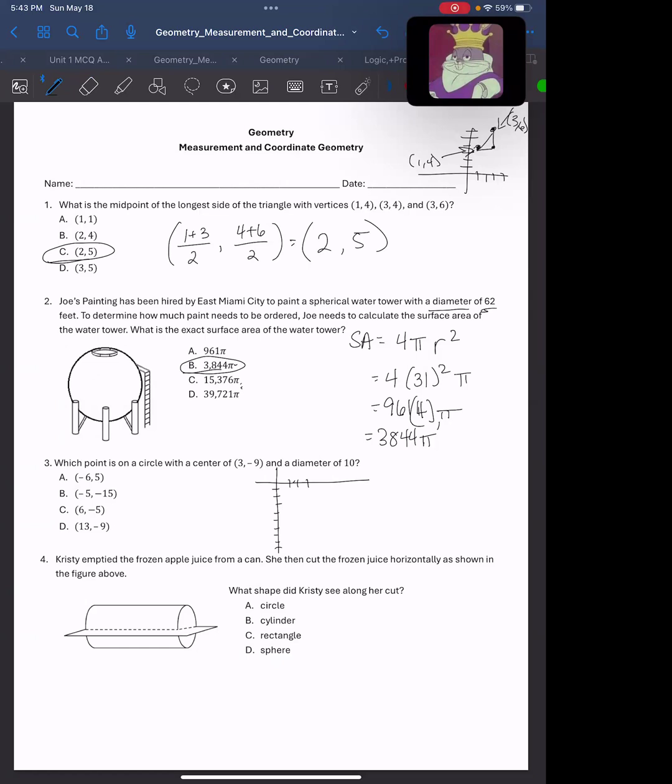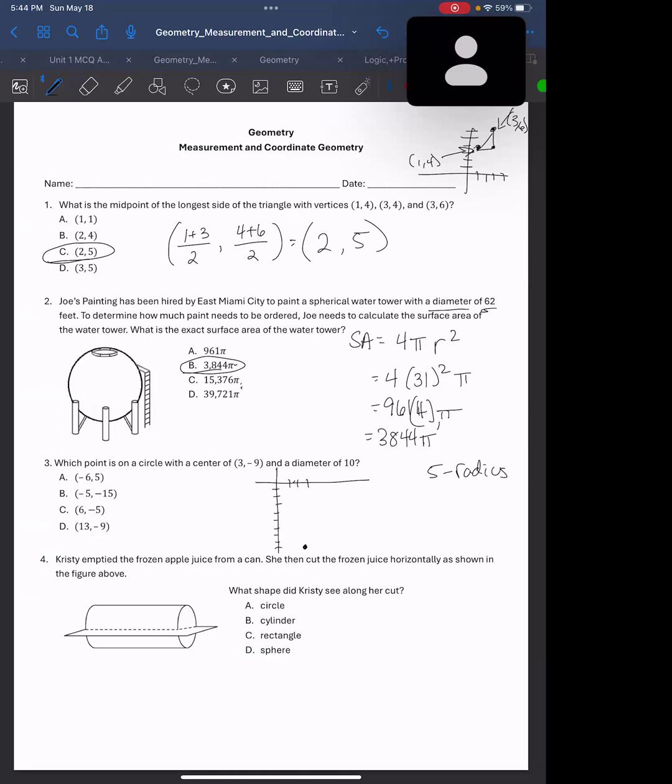All right, so I have my circle with a center at 3, -9, which is all the way down here. And I have a diameter of 10. If my diameter is 10, that means my radius is 5.